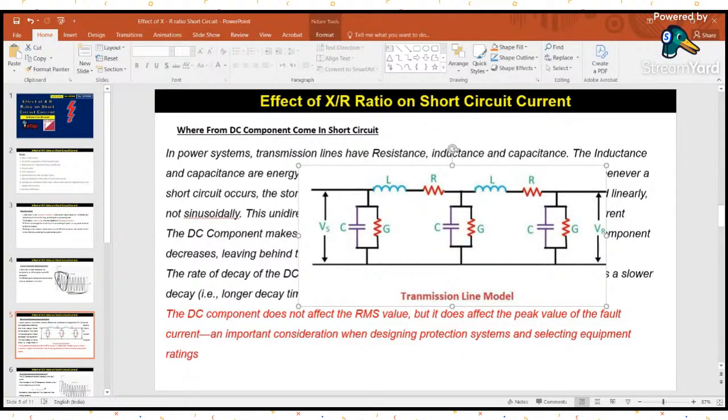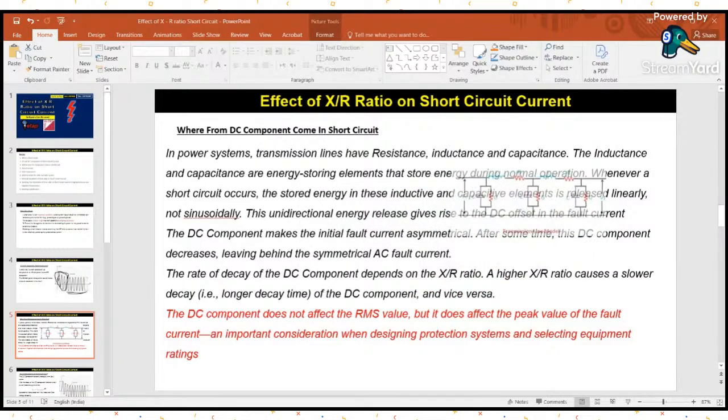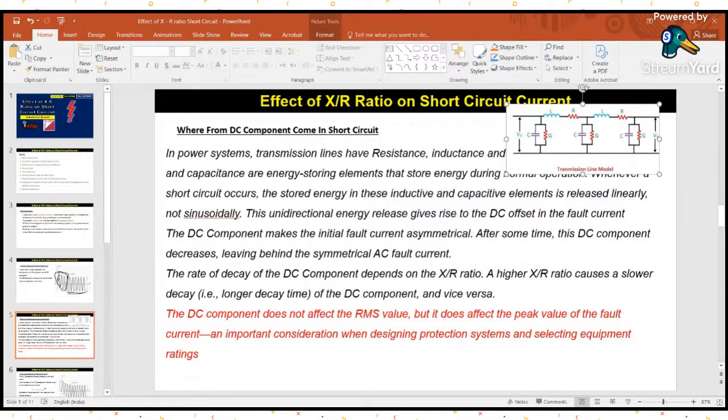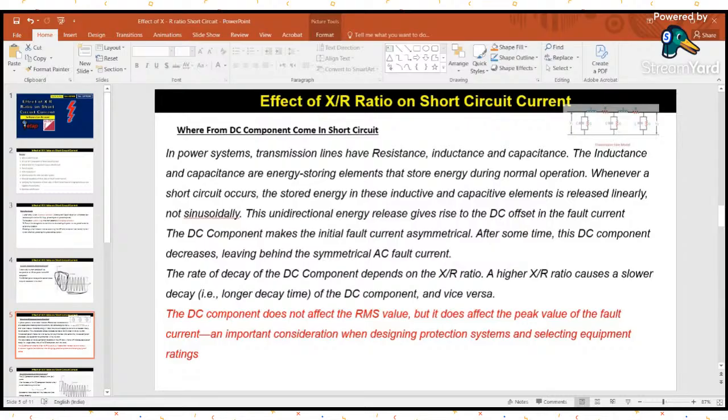It contains capacitance, inductance and resistance. The resistance dissipates our energy in the form of heat. It converts electrical energy into heat energy. But the capacitance and inductor store the energy. They do not dissipate it. And when the short circuit occurs, they release this energy linearly, not sinusoidally.